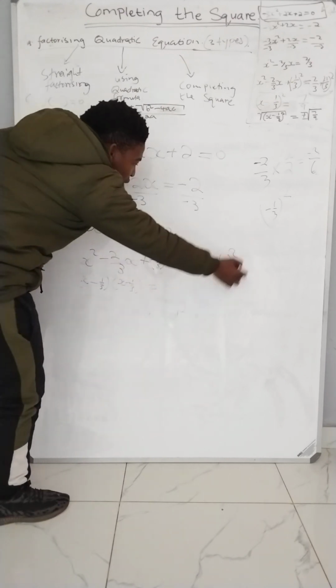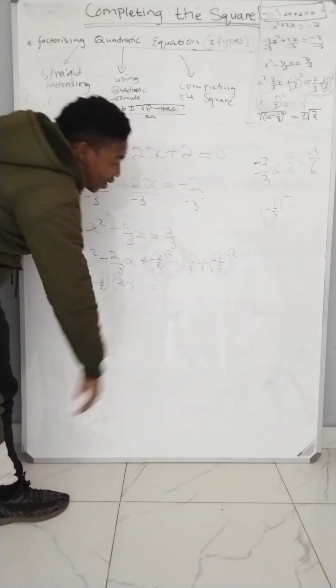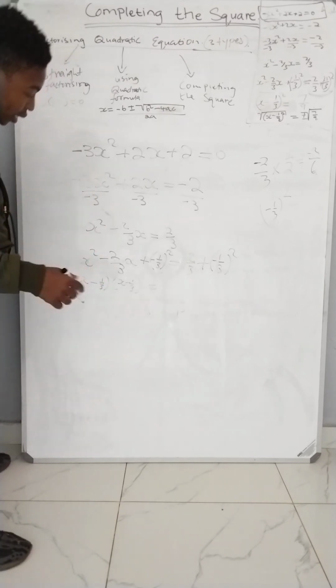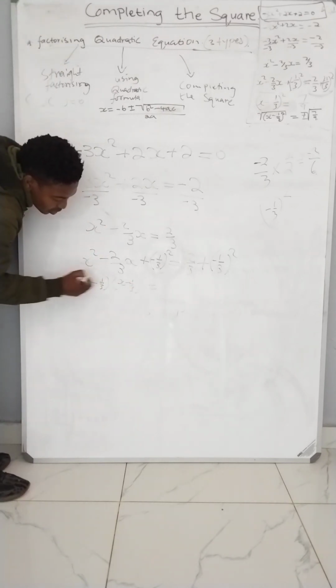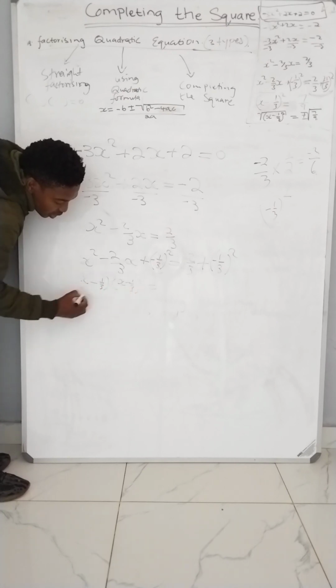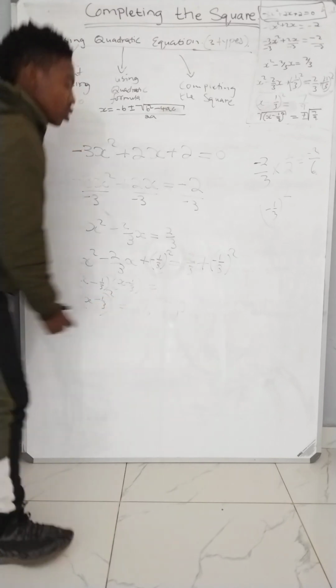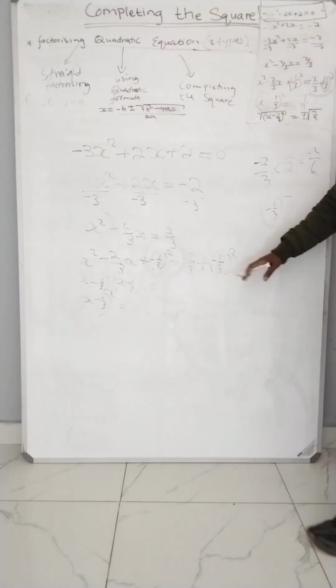For this, you can just plug in a calculator and add it. This is the same thing twice, so it ends up as (x minus 1/3) squared is equal to, let's quickly add the other side.